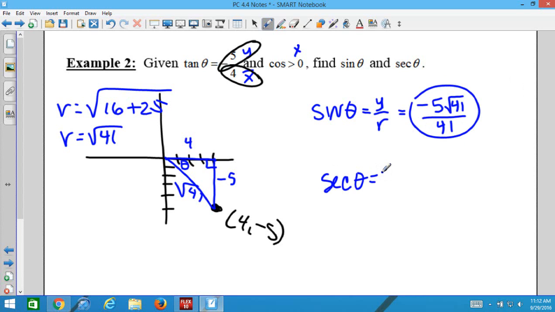Cosine. So cosine is normally x over r. This is going to be r over x. So we've got square root of 41 over 4. Okay, questions before we're going?